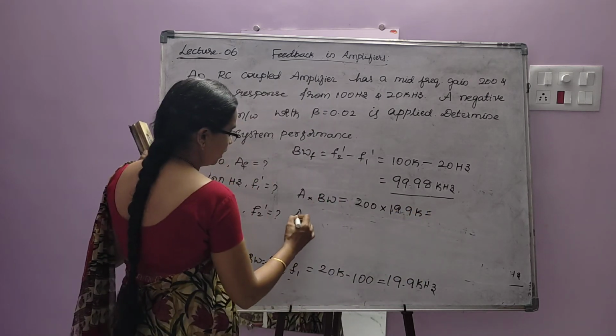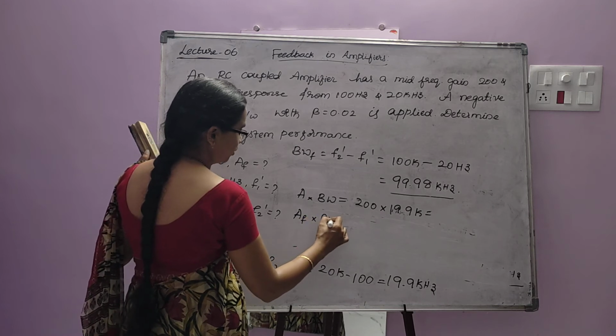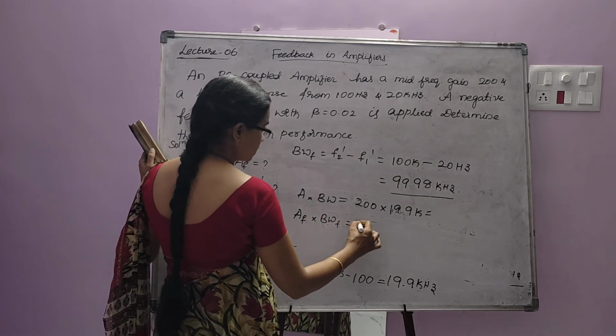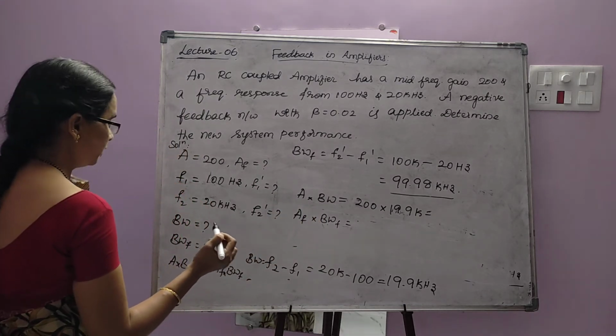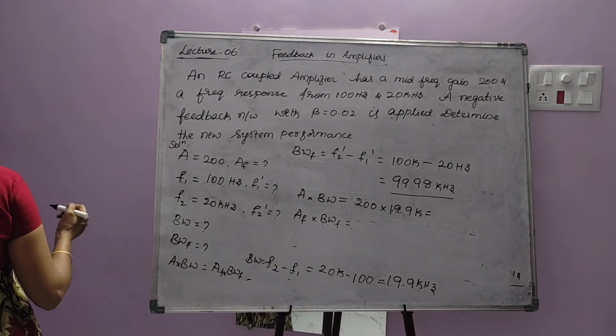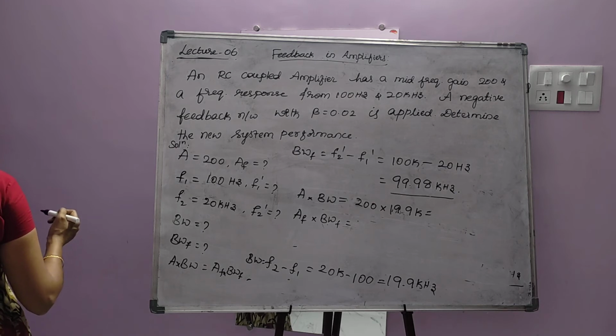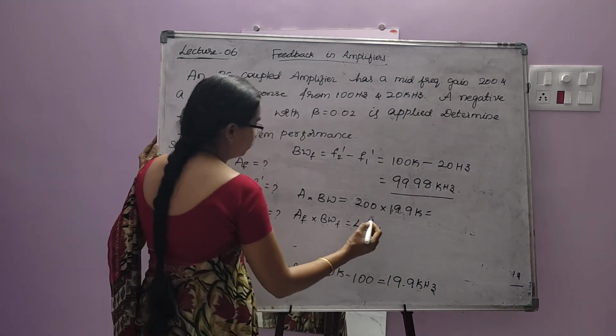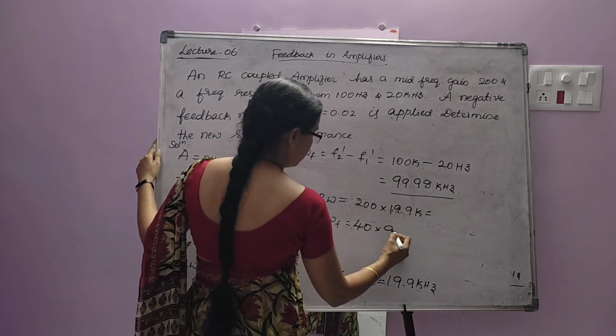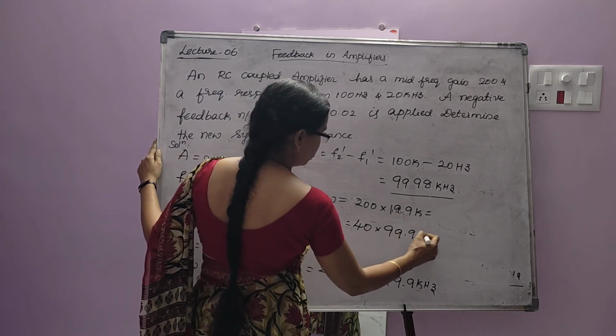Calculate this, and AF into bandwidth after feedback, that is AF we have calculated reduced to 40, into 99.98 kilo.